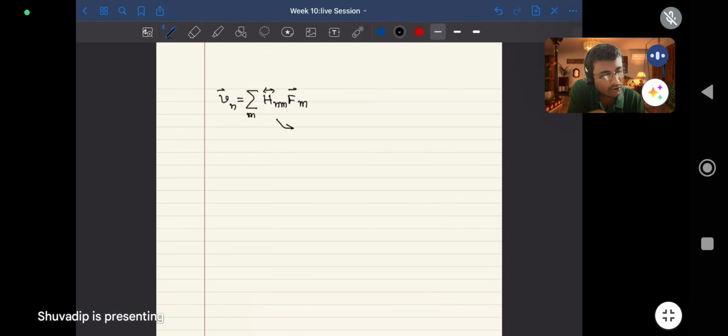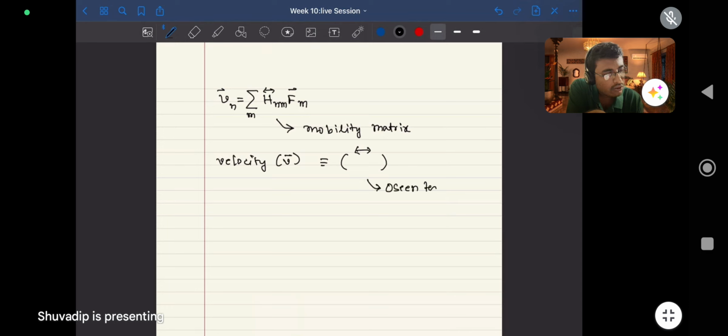So this H_nm is called the mobility matrix. V is basically velocity. The velocity vector is related via some tensor, which is called the mobility matrix or the Oseen tensor, to the force.